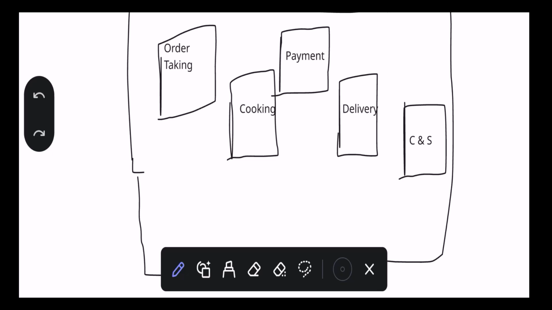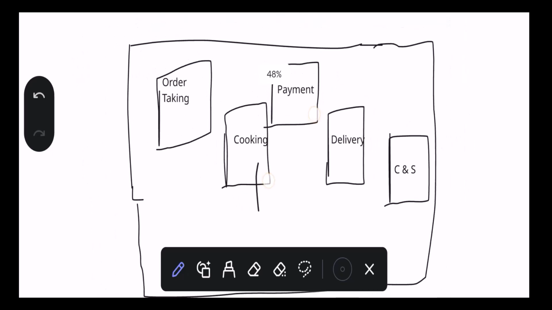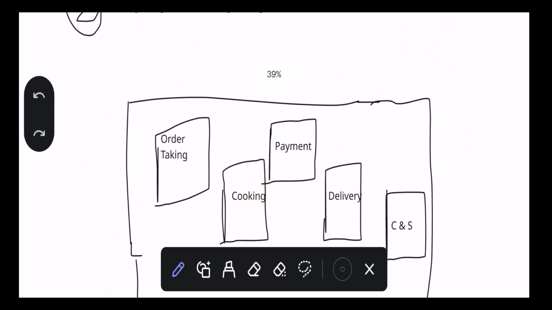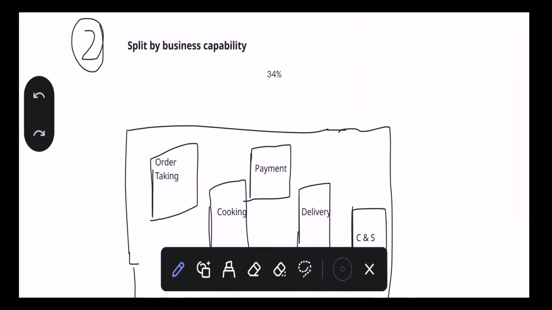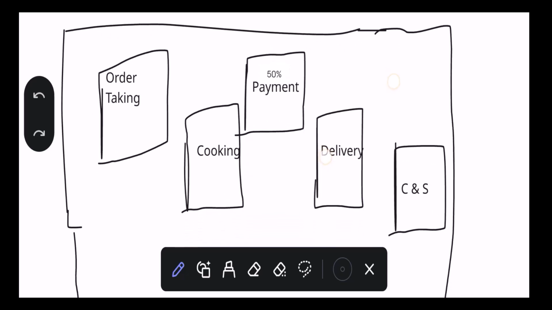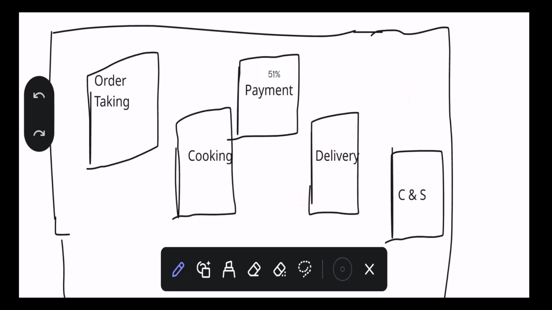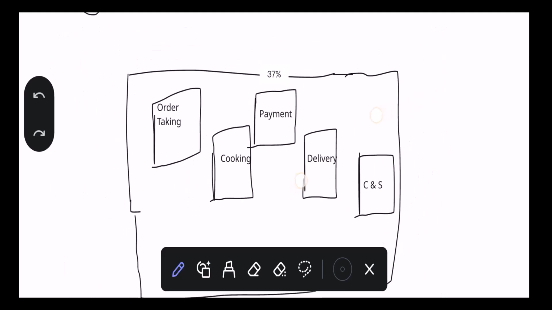In the previous image I had written delivery within order taking, but after analyzing the process of delivery, the manager or the restaurant owner identifies that no, delivery is a separate business function that needs to be considered as a separate entity, or a separate microservice in technical terms. So we make it a separate individual unit.